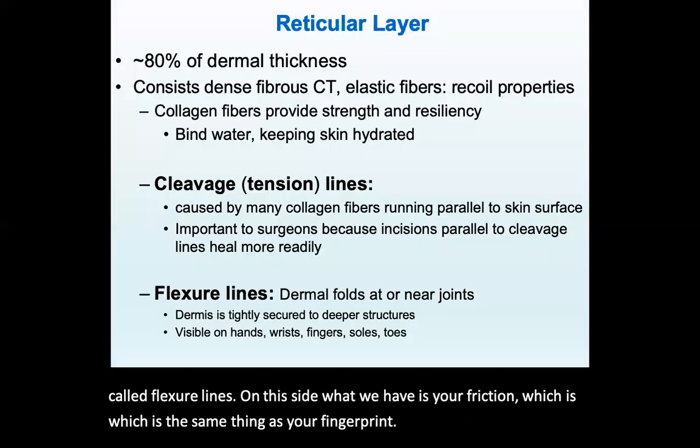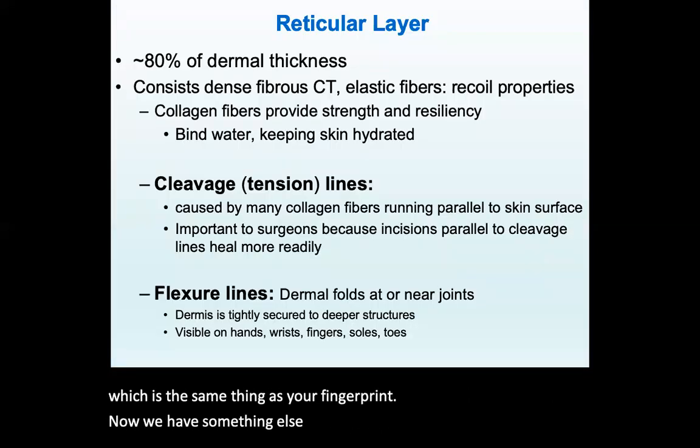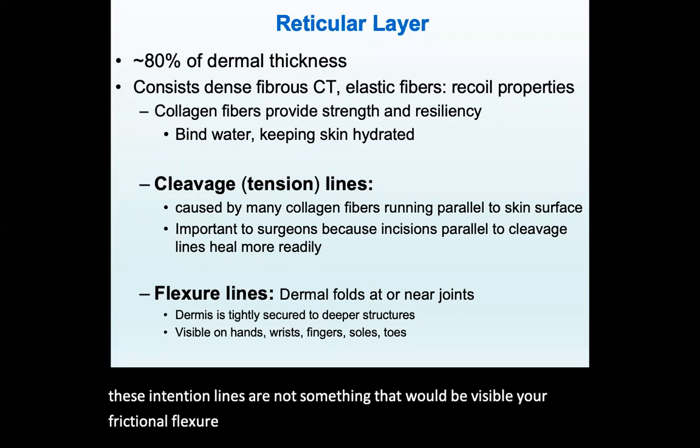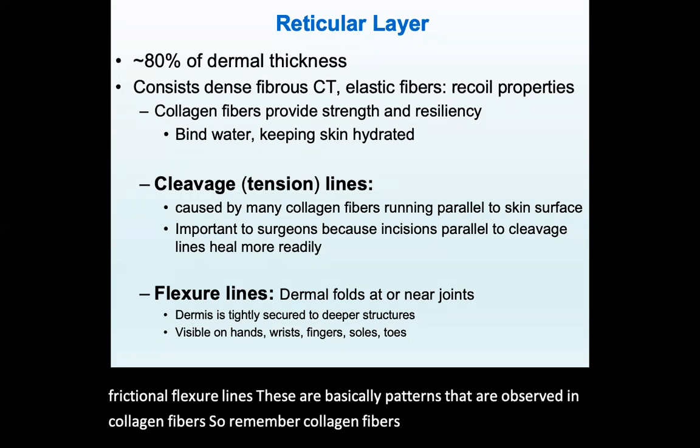Now we have something else as well called cleavage or tension lines. These tension lines are not something visible like your friction or flexure lines. These are patterns that are observed in collagen fibers. Remember, collagen fibers are there for strength.